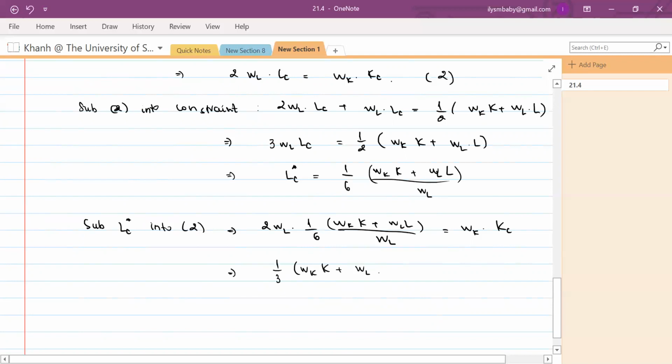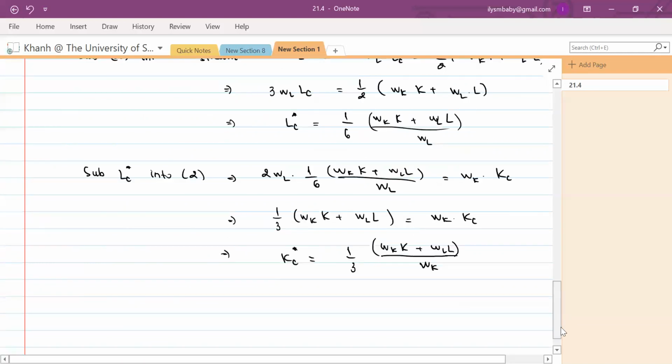WK K, WL L, and that has to be equal to WK times KC. Okay, so from here, I'll be able to find the optimal amount of capital that firm C would like to use, which is 1/3 of WK K, WL L, divided by WK. All right, so we're done.